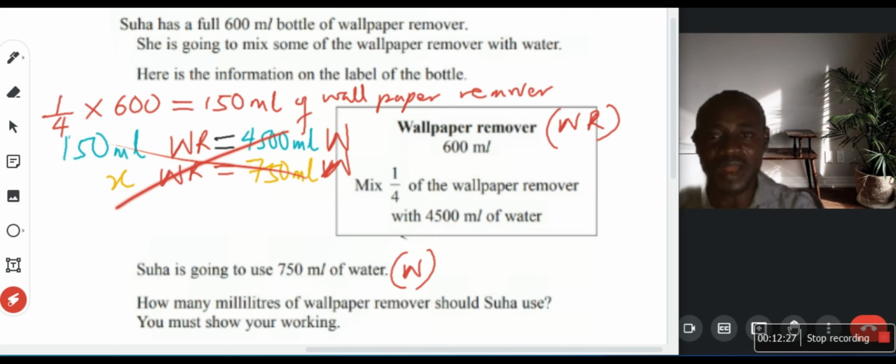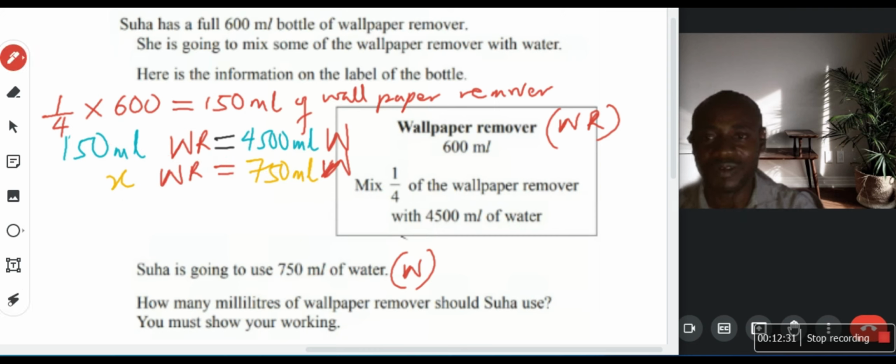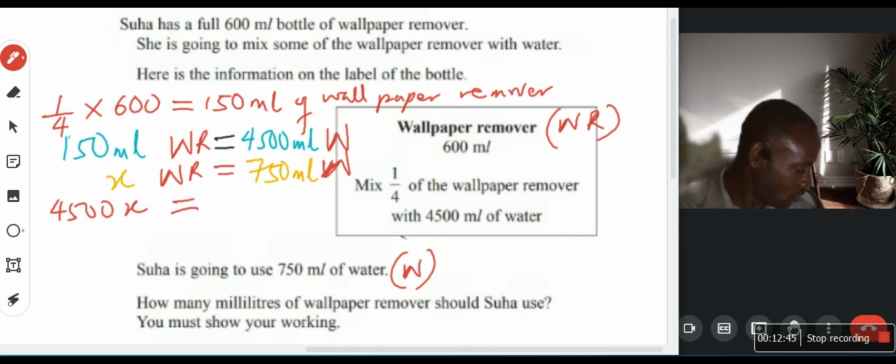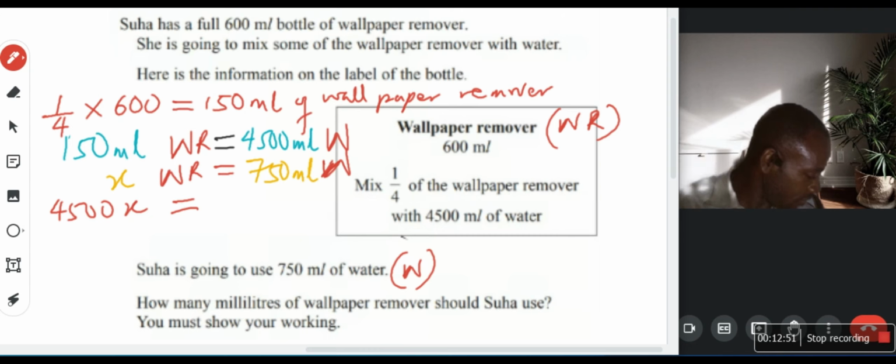You cross multiply as usual. So we're going to have 4,500 X, which is this times this, equal to 150 times 750. We use our calculator.